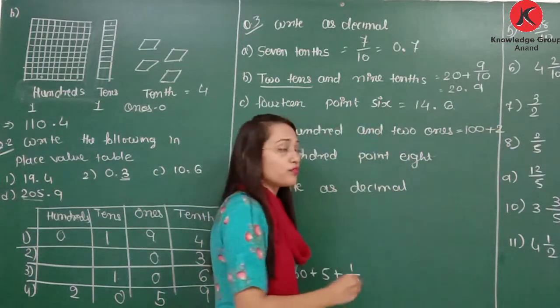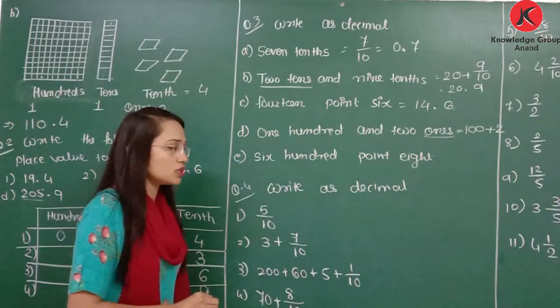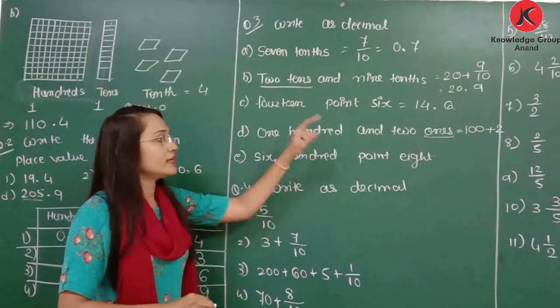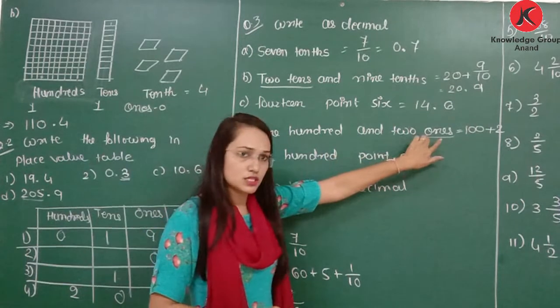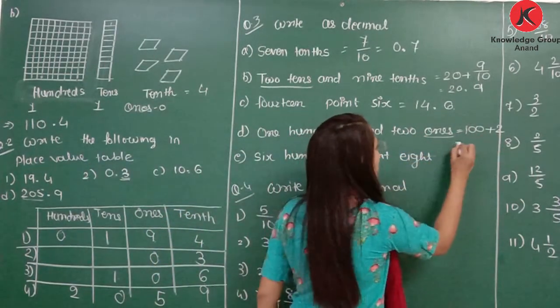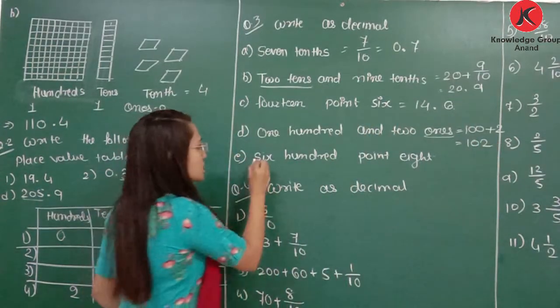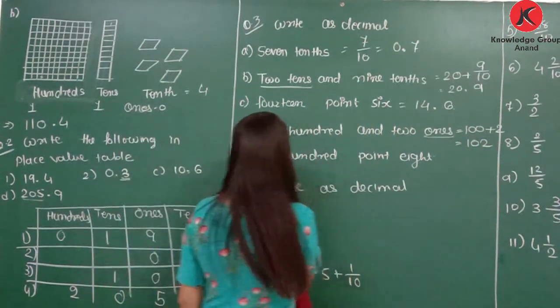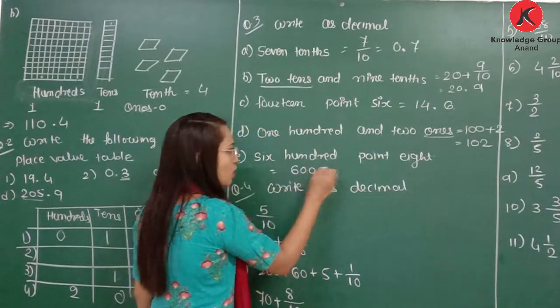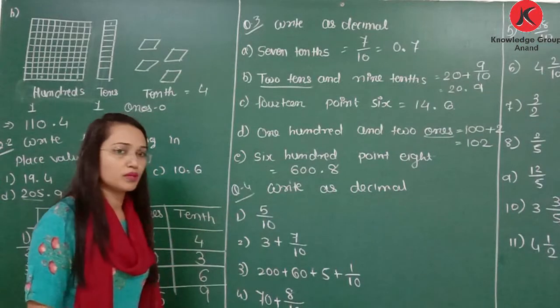So plus 2. Ones is given. No tenths. Hundreds is not given, only 100 is given. Tenths is not given, and ones is given. So we can write 100 plus 2. So that is 102. Now next one, 600 and 8 tenths, it can be written like this, 600.8. So this is the decimal.